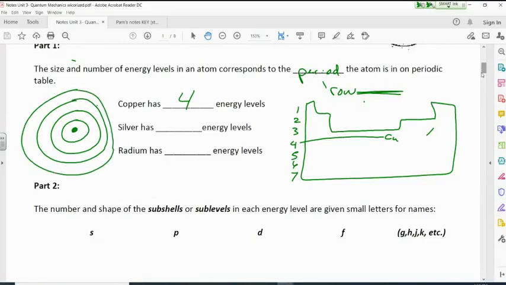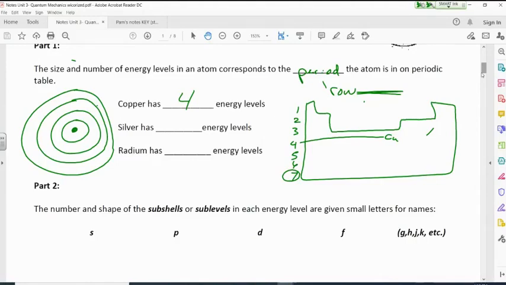The furthest out that electrons can get is energy level 7. They don't really get further than that, because any further and they can't feel the pull of the positive protons anymore, so they would just float off into empty space. They wouldn't be attached to their atom anymore.